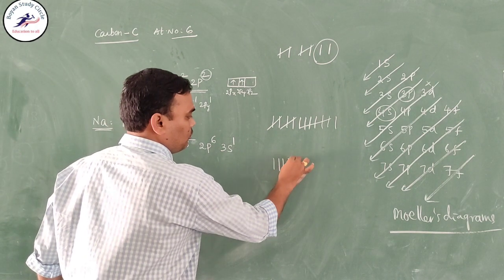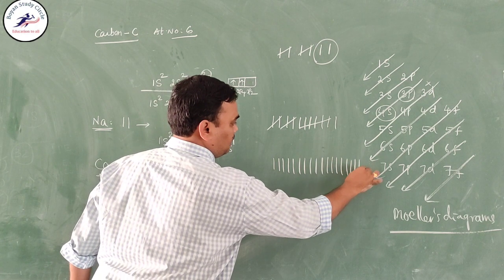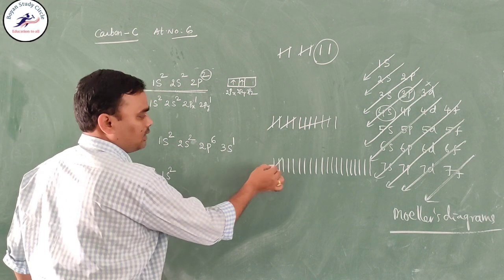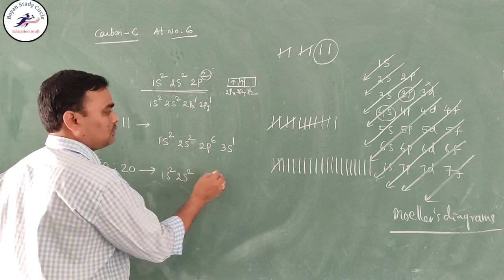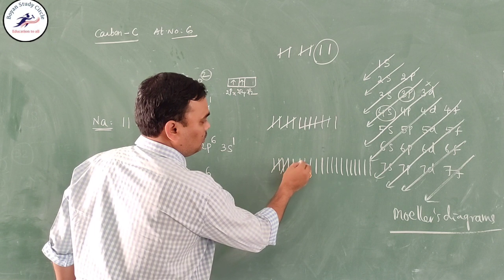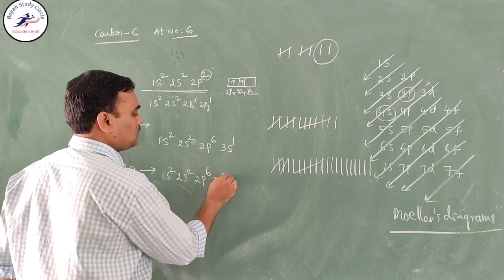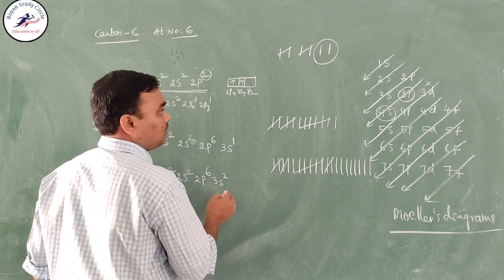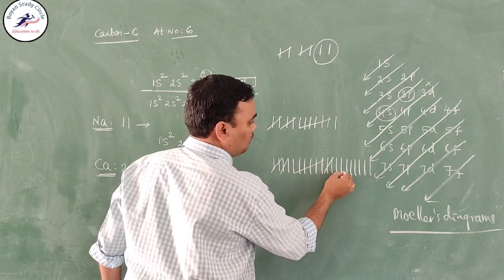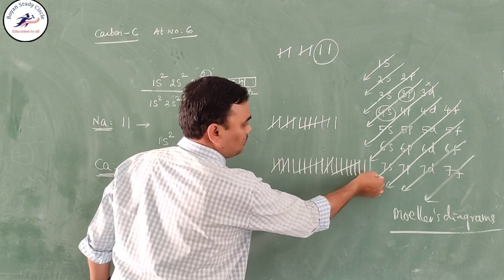First is 1s2, strike off 2, then 2s2, and then 2p6. Then 3s2, and after 3s comes 3p. 6 are available, so 3p6 can be filled, and 2 are left.